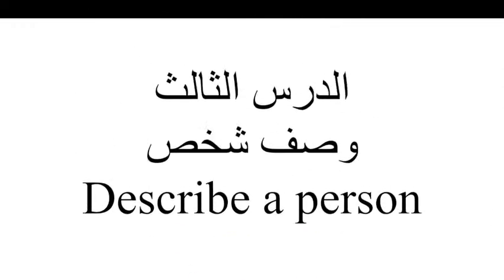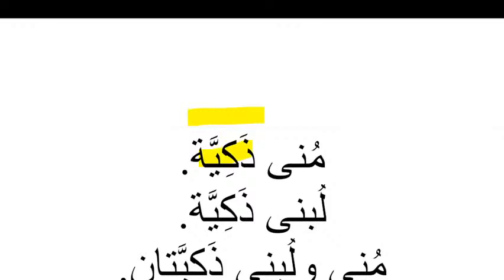Again, you can easily guess that Nabil is the name of a person and it's a masculine name. And dhaki, it's the same adjective as dhakiya, but if you compare dhaki with the other adjective, you'll see that the difference between dhaki and dhakiya is the ta marbuta.